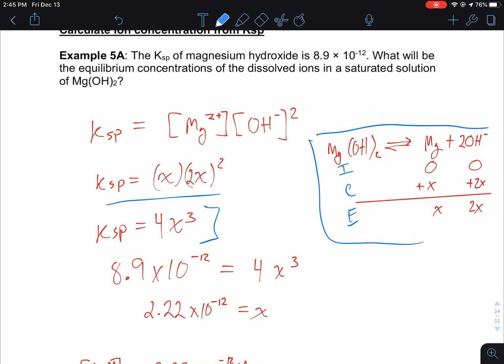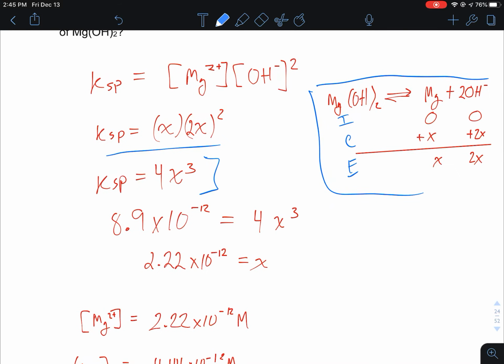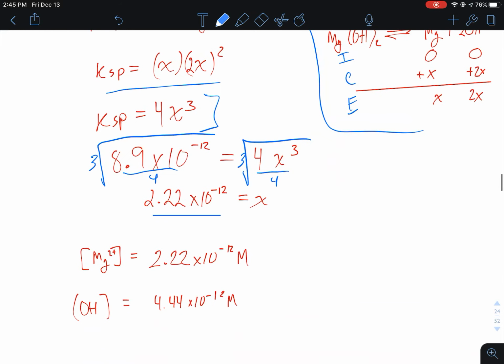You can use your calculator here, or you can use a photo app or whatever. We can do a little division by 4, and then a cube root to figure out the total. And we should end up with something like this. This is now x. That means that this is the concentration of magnesium, because we know that the concentration of magnesium is equal to x.